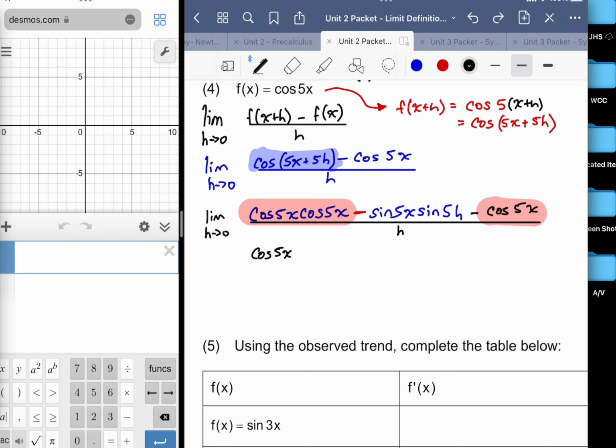Oh, I just realized, as I was about to rewrite, my little typo there. My handwriting, I mean. Cosine 5x, 5h, what that should have said.